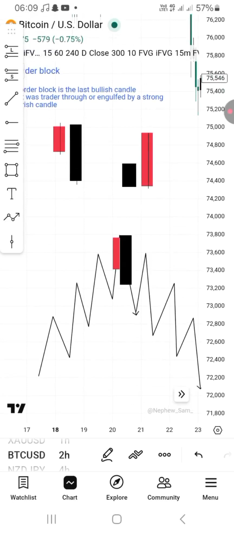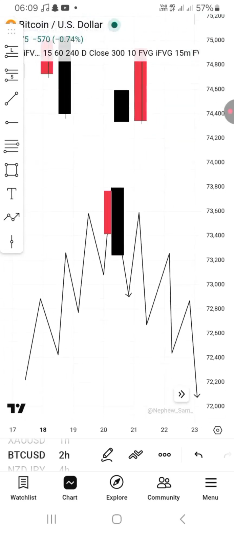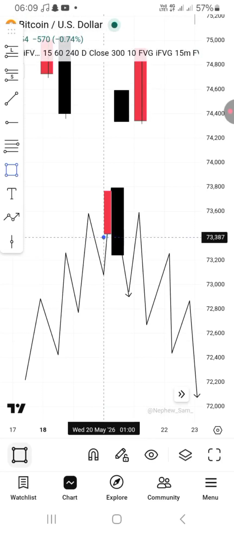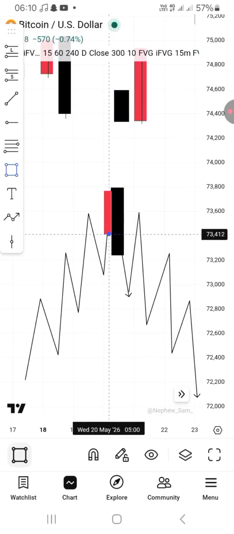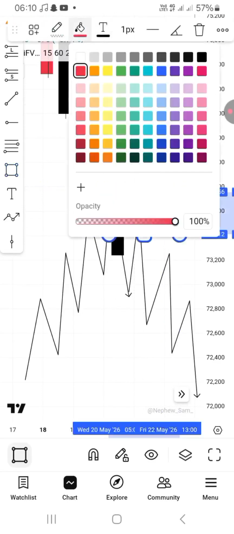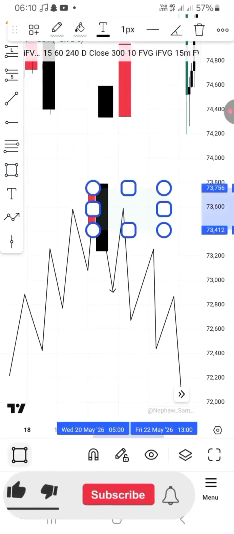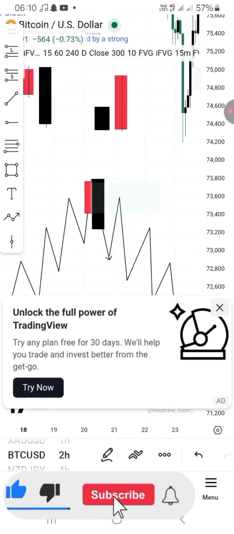So when this happens, when you see things like this, always know that price is going to come back to this order block. Let me reduce the intensity of this. Always know that price is going to come back to this order block and push lower.